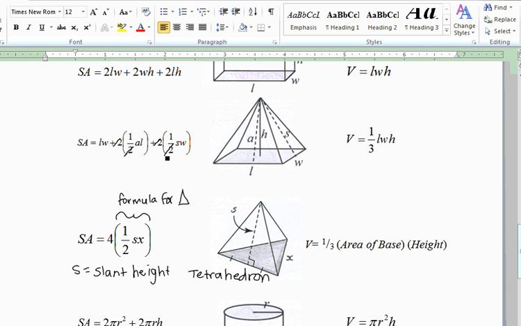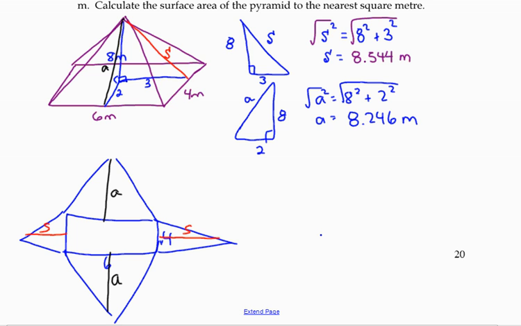A, S. So this is L, W, S, A, and S. So surface area will be length times width plus A times L plus S times W. And if you want to just find the area of the square, find the area of these two separately, and then these two, and then add them together, you'll get the same answer. You don't have to use this formula sheet. You can find them all individually and add them up, and that's okay.